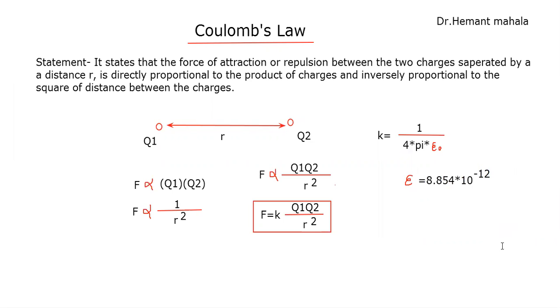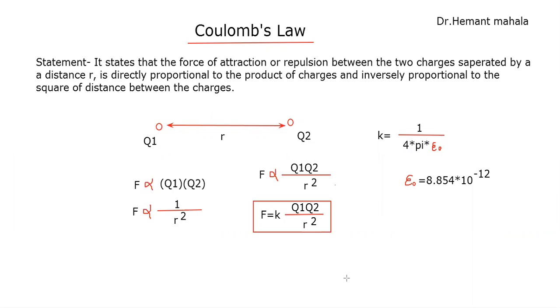Okay, so this is the relation for permittivity as well as for absolute permittivity, because epsilon is equal to epsilon naught into epsilon r, where in this case epsilon r is 1, so we can only take epsilon naught.